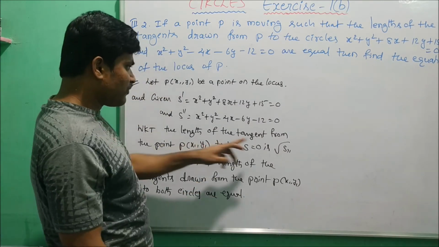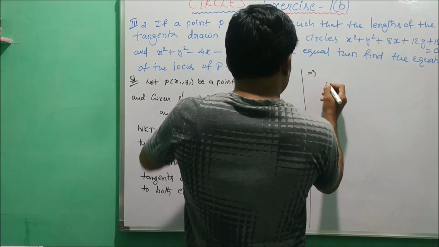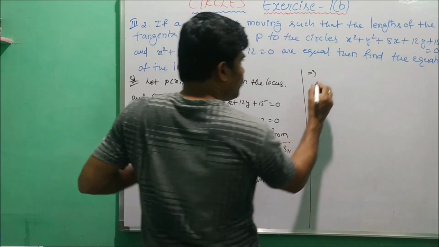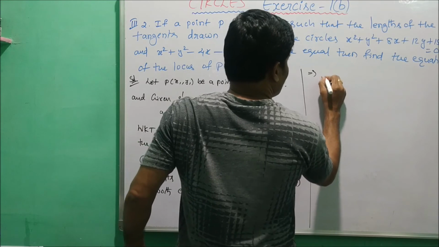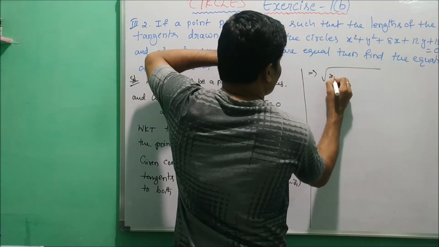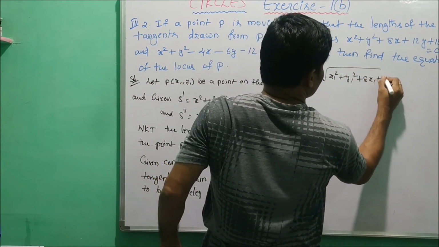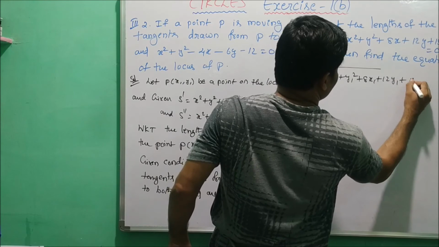Now using that formula, square root of s11, that is square root of x1 square plus y1 square plus 8x1 plus 12y1 plus 15.